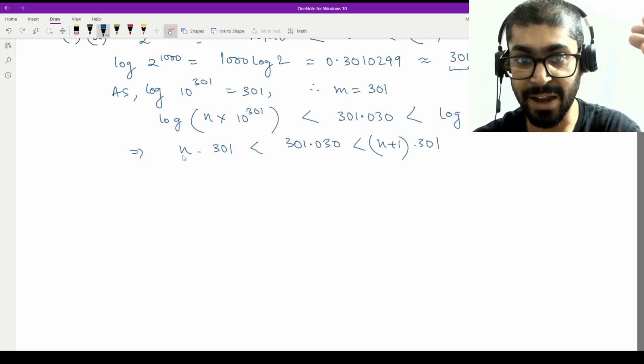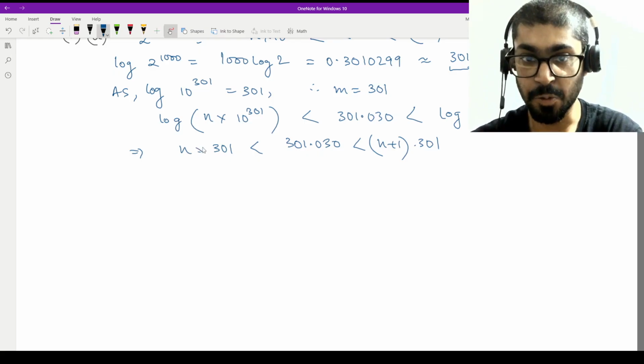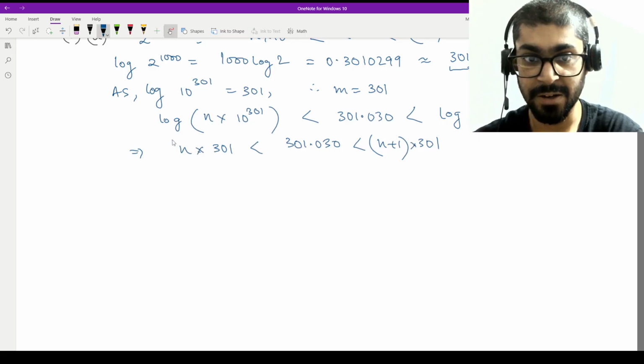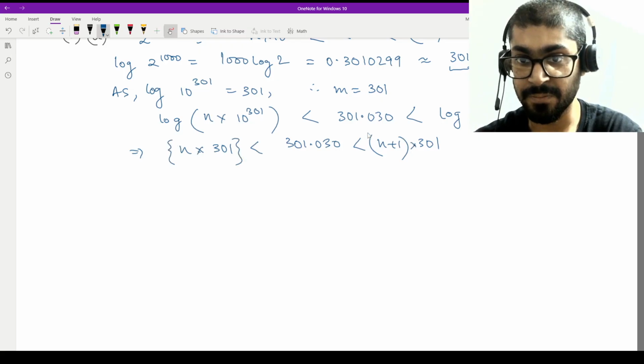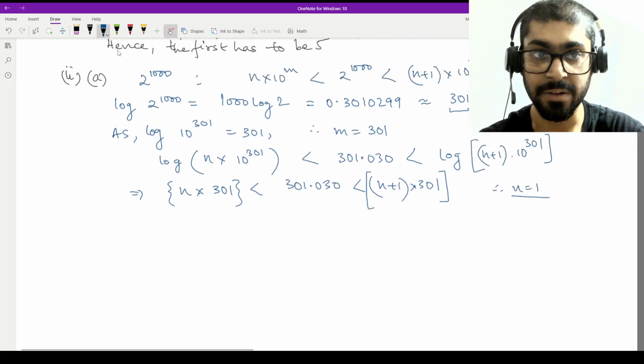If I take n to be 2, it will not be satisfied. Please do not confuse: this is a multiplication sign and this is a decimal point. So n has to be 1. So the first digit here is 1.